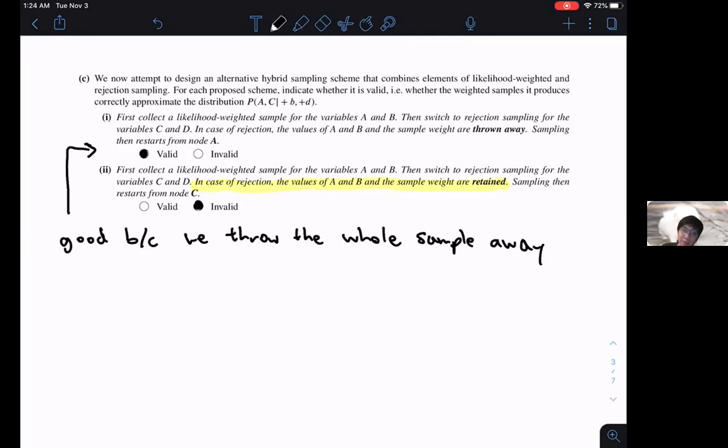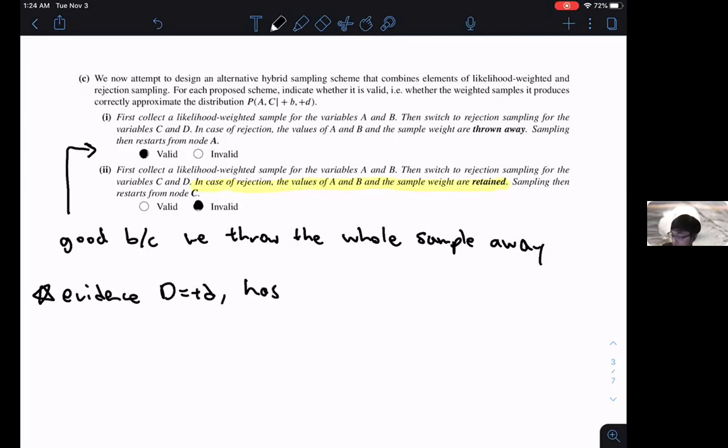But if you want to think about the reason why, we can consider, for some example evidence, D equals plus D. We can notice that this would have no effect on the values of A that are sampled or on the sample weights, if we were to, for example, reject our values of C and D and then resample just those values.